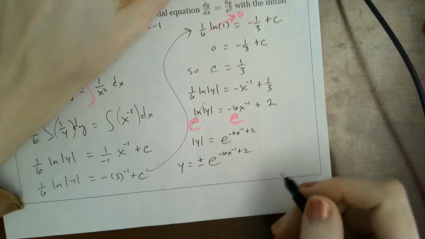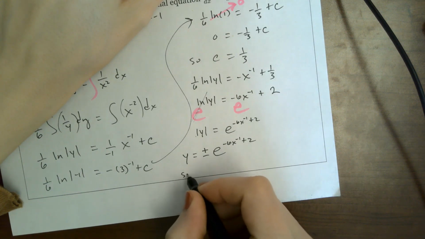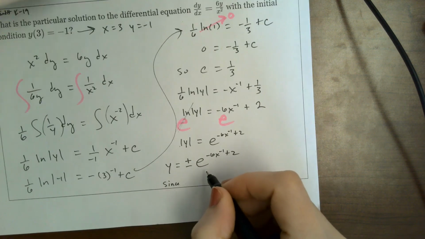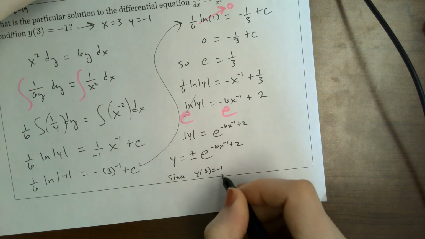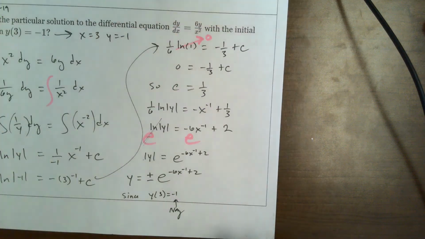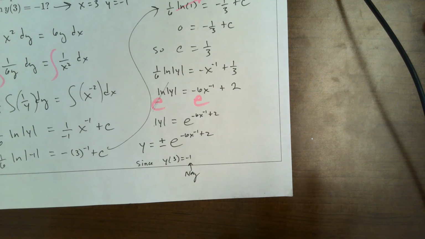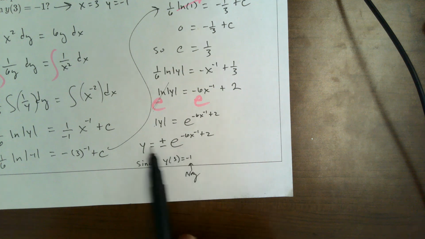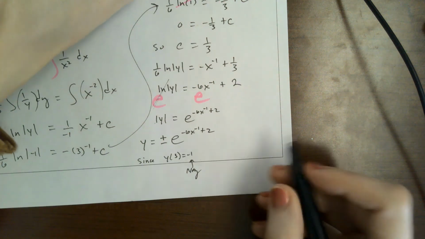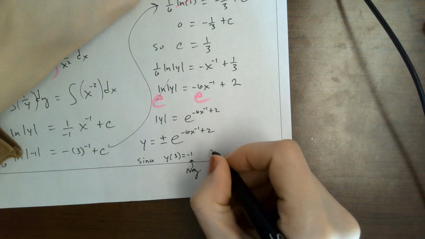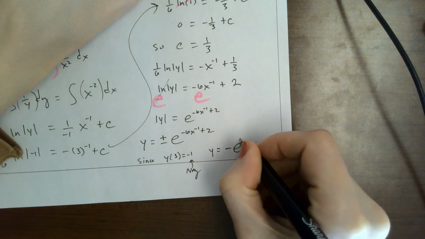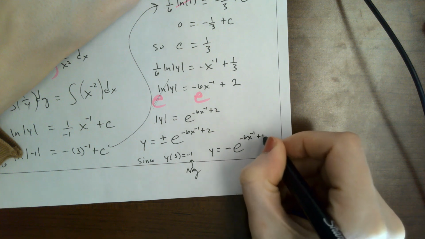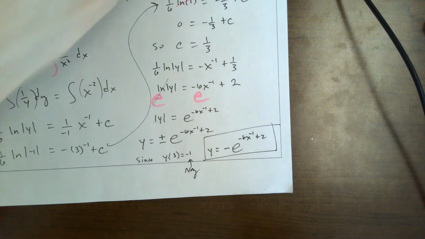So since y of 3 equals -1, since y of 3 is a negative number, that means in order for this initial condition to work in here, we'd have to use the negative case. So y equals negative e to the negative 6x to the negative 1 plus 2. Okay, so that's the answer.